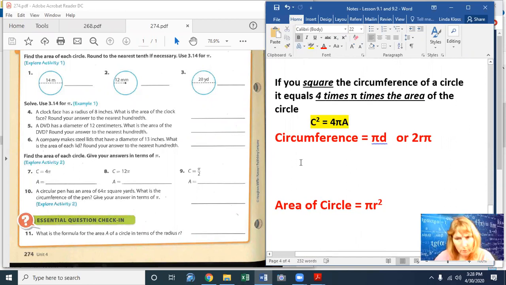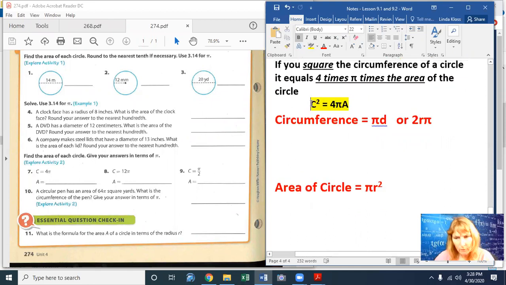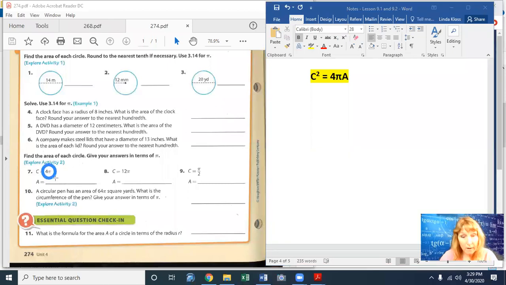So let's go ahead and do that. I'm actually going to copy this over to the next page so we can see it on our screen. Okay, so they are giving us the circumference, and don't let this pi thing scare you, okay? The circumference is 4 pi, right? So we're going to write that.